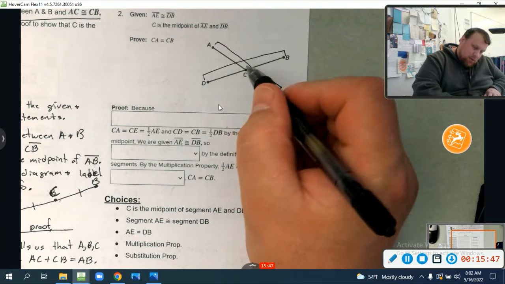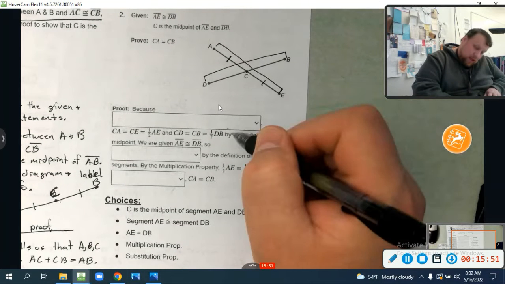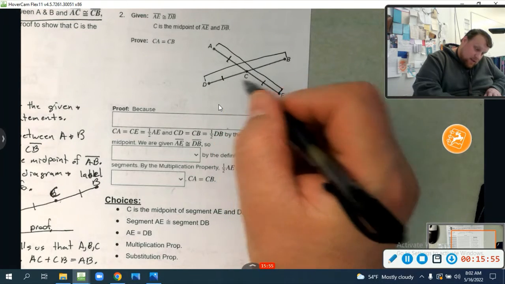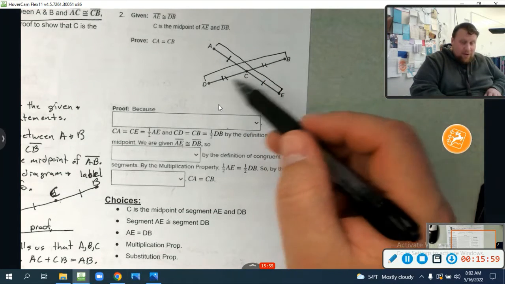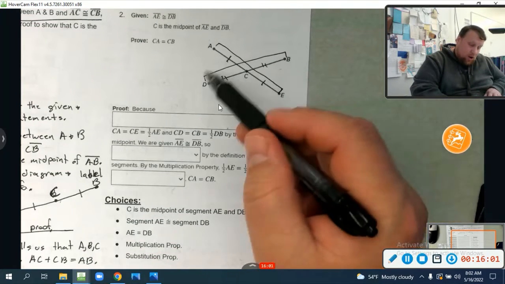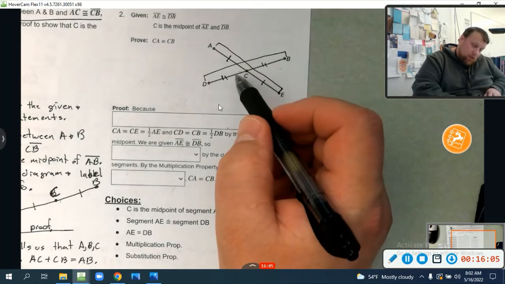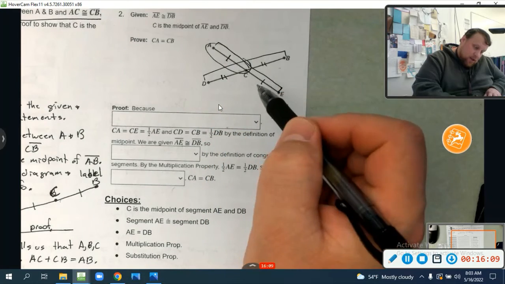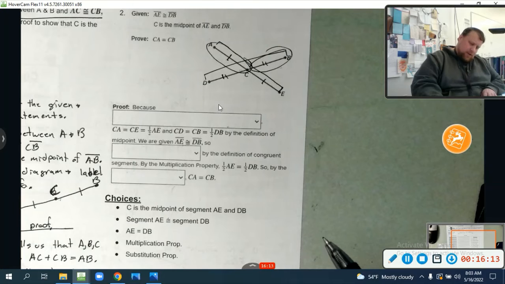If C is the midpoint, then AC is congruent to CE, and DC is congruent to CB. If they're the same length, all of these little mini segments are congruent to each other, but our ultimate goal is to prove that CA is congruent to CB. So let's talk about this.